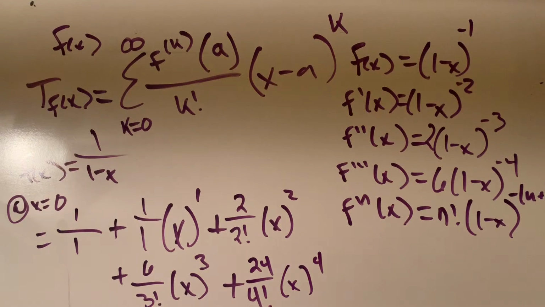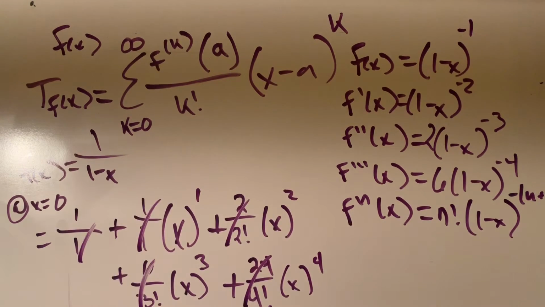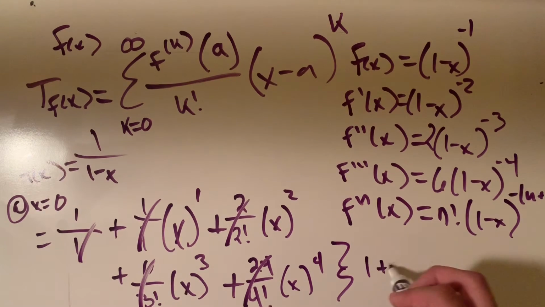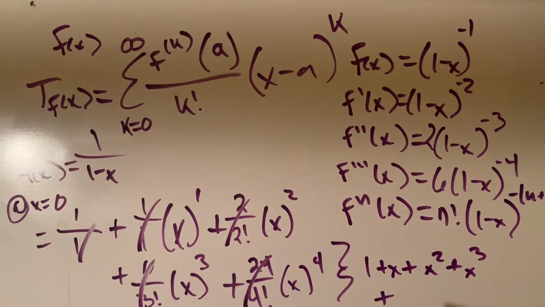Now, all of these cancel out, so really the entire series would just be 1 plus x plus x squared plus x cubed plus x to the fourth, so on to x to the n.